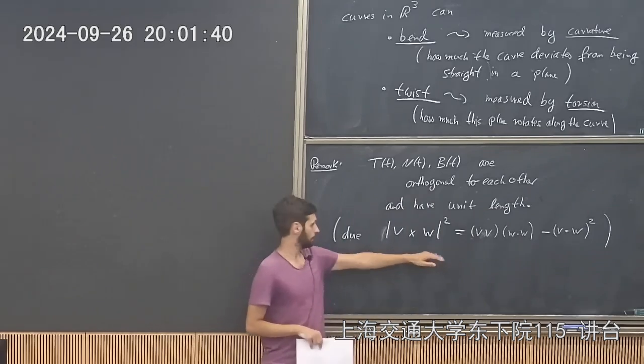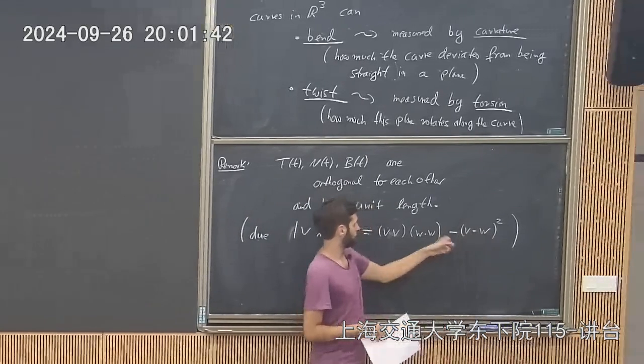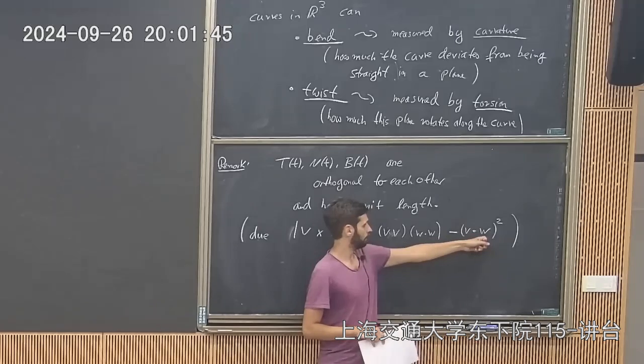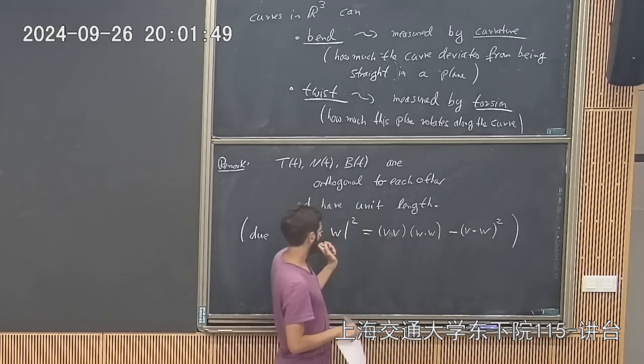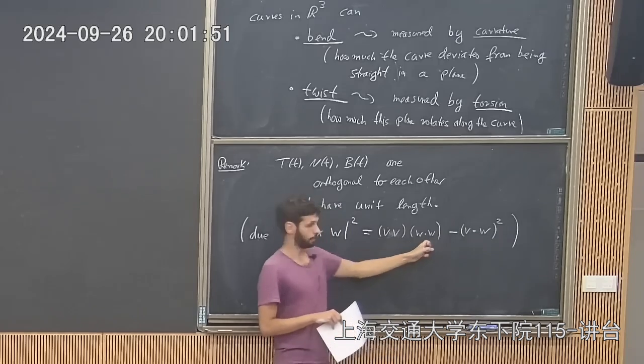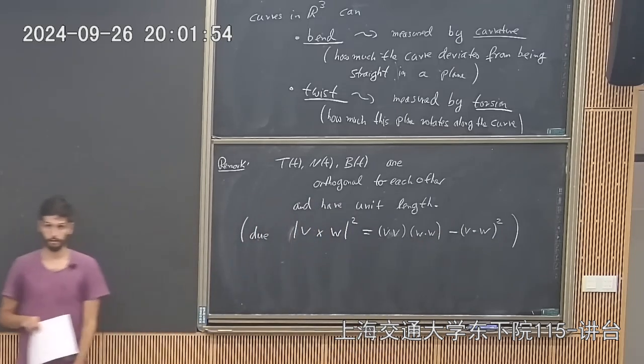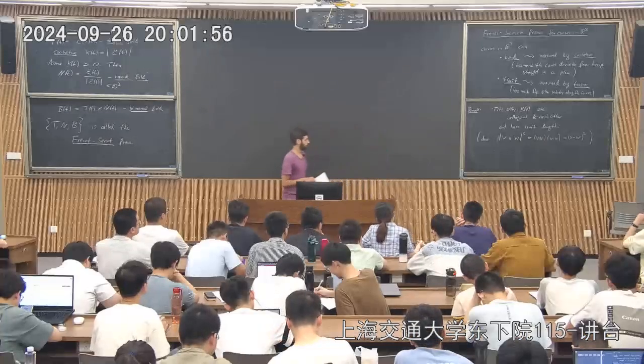I think you've seen the formula enough. This term vanishes because N and T are orthogonal. And this one is then each one once. So you see that also the length of the cross product has to be 1.